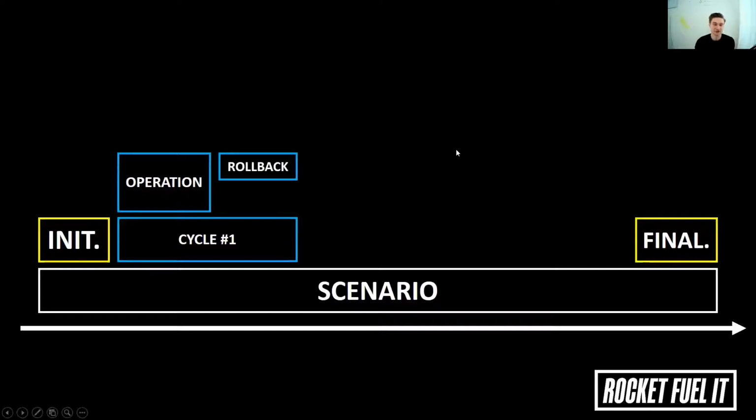And at the end of every cycle, there's a rollback or commit. So at the end of every cycle, it's going to check all the modules that are part of my scenario. All the modules that have run, have they run successfully? And only if all the modules in the scenario have run successfully in this cycle, then it is going to commit the changes.